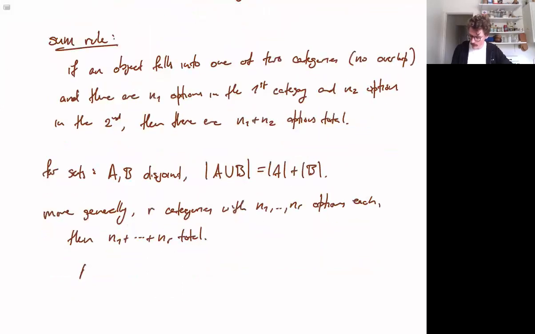And similarly, this is just like saying that the union of some finite number of sets, which are all disjoint, is equal to the sum of the cardinality of each individual set.